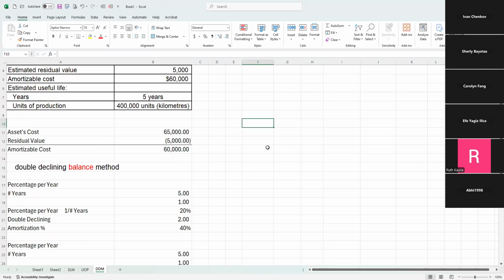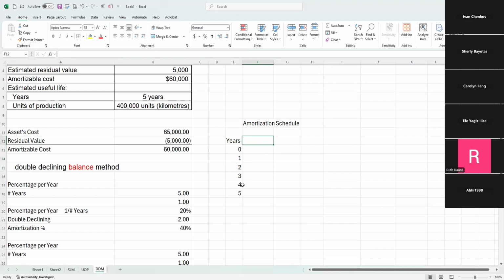First, what we're going to have, amortization schedule. Again, we're going to have years: year 0, year 1, year 2, and keep going all the way to year 5.